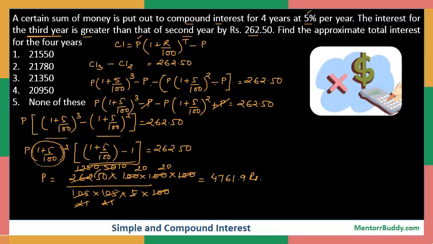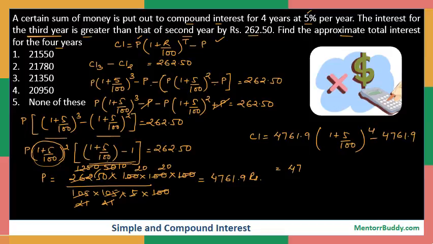So now we have received the value of principal, and now the question is asking us the approximate interest after 4 years. So interest, compound interest, using the formula in the beginning, I can write it as 4761.9 multiplied by (1 plus 5 by 100) to the power 4 minus 4761.9.